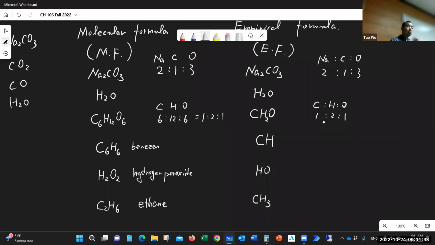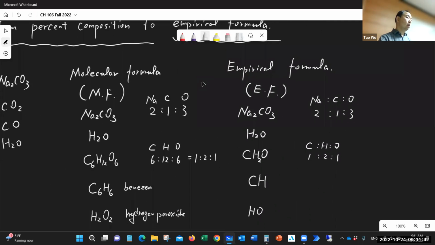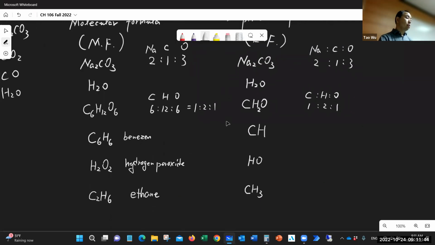Yeah. So that is why, based on the percent composition, we can figure out the empirical formula. We can only figure out the empirical formula, but we cannot directly figure out the molecular formula, because we can figure out the ratio but not how many atoms are in there. We can know the ratio of the elements in this formula from the percent composition.